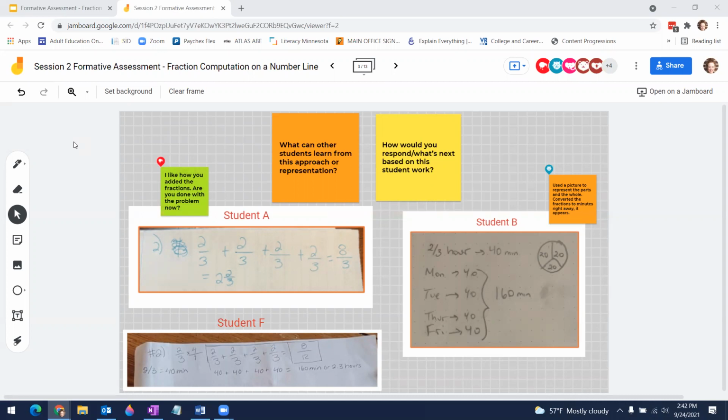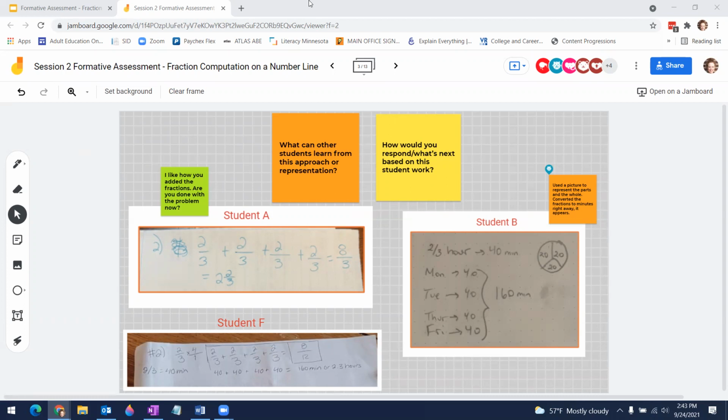I think student B really seems to understand the problem, the way that they wrote out even, Monday is this many minutes, once they switched it over to minutes. And so I think they get what the problem is. I'm wondering too, what you think about this. They drew the clock with the hour with the 20 minutes divided up like that. We've been talking about the number line, and that would be a good way to represent it.